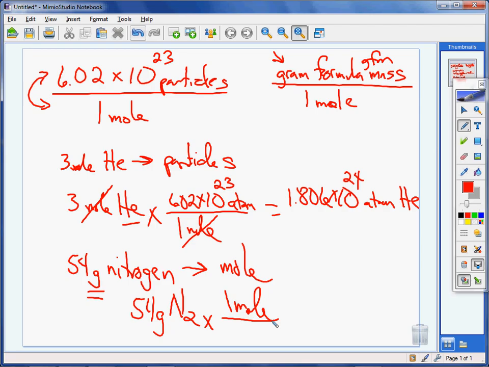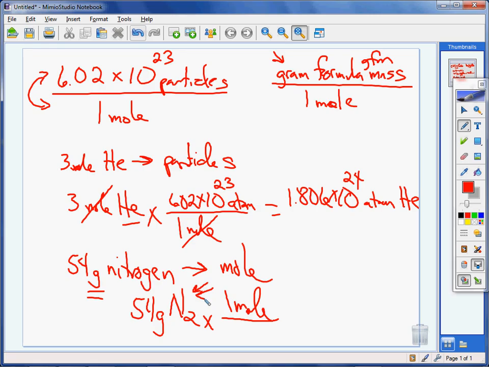What is the gram formula mass for nitrogen? 14.01. Let's stick to 2 decimal places, just so everyone's consistent. But 14.01 is for a single nitrogen. So what do we have in this case? Multiply by 2. That's why it's important that we write the symbol for the element, because we need to check if we're dealing with diatomics.